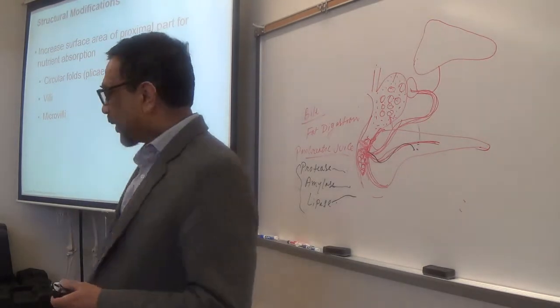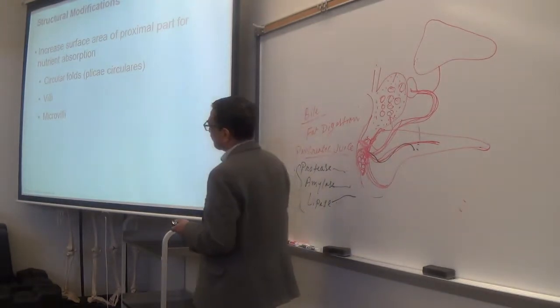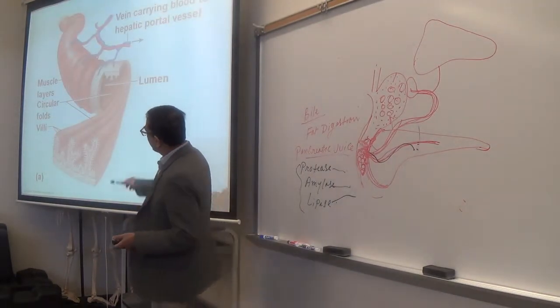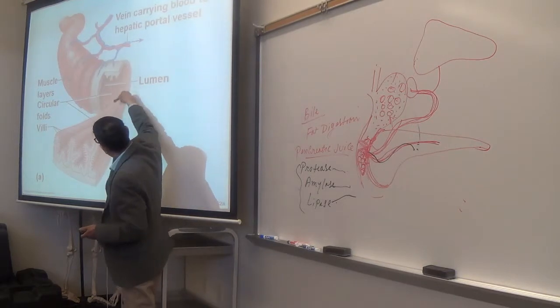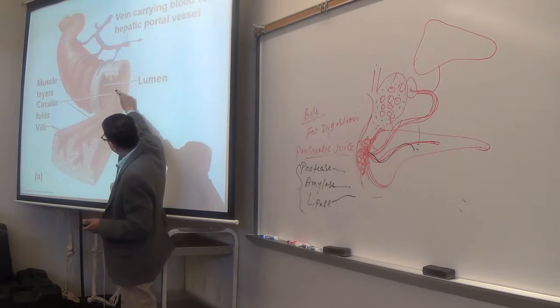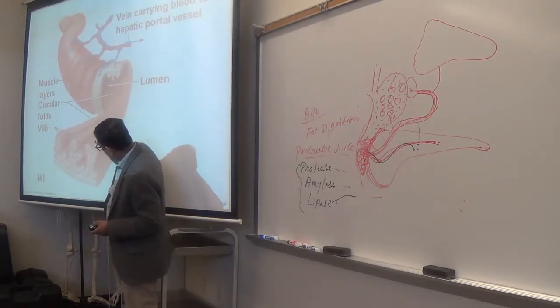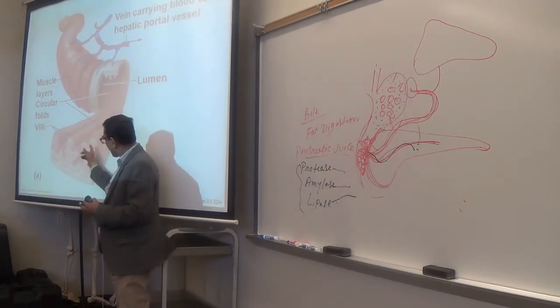Here in the intestinal wall, you see, these are circular folds, plica circularis. And then, on the surface of plica circularis, you have finger-like structures. Those are called what?